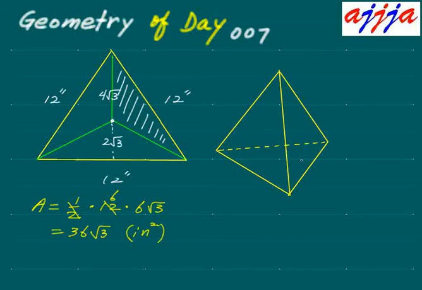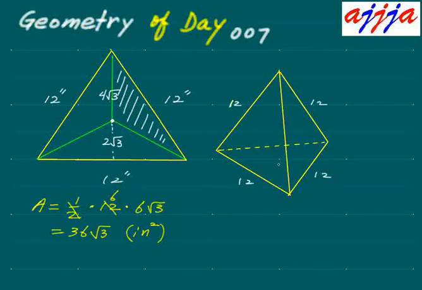Now, sometimes you have to find the volume of this cone shape. Maybe I can call this one a cone, but actually it is a triangular pyramid shape, right? So I can put 12 everywhere: 12, 12, 12.